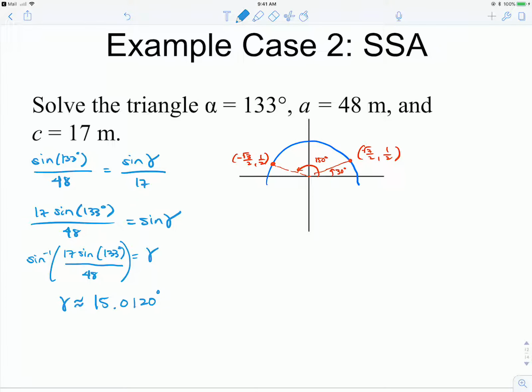Okay, so notice that that is an angle from quadrant 1. So if we were to substitute 15.0120 degrees in for gamma, that would make this a true statement.